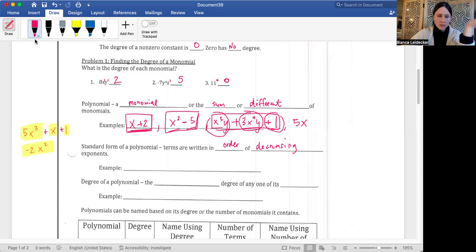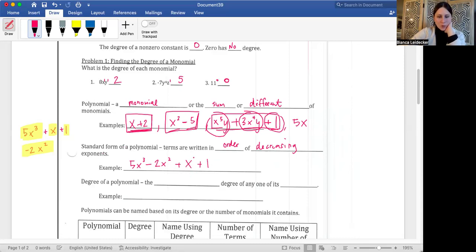How am I going to write them in descending, decreasing order of my exponents? So whichever one has the greatest degree will go first. That would be 5x to the third power. And then it would be negative 2x to the second power. And when I read this as negative 2x to the second power, it's really minus 2x to the second power. That negative kind of becomes the operation as well. And then plus x plus 1.